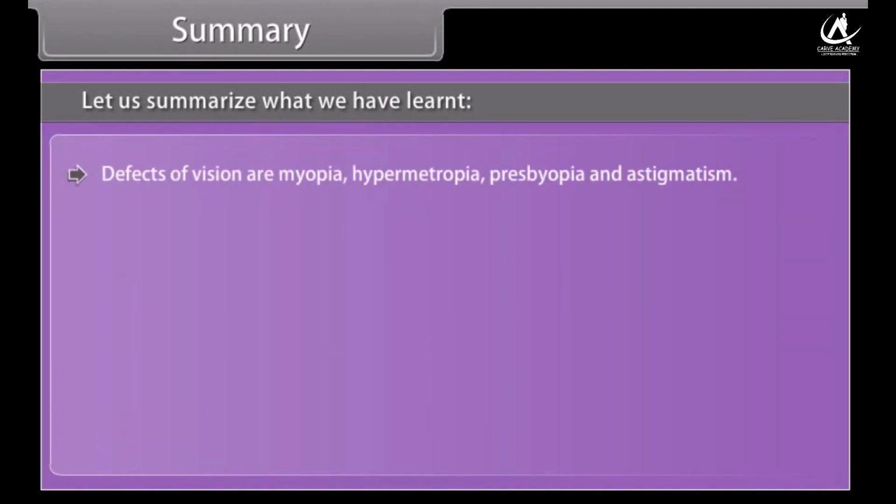Defects of vision are myopia, hypermetropia, presbyopia, and astigmatism. Magnifying power of a microscope, m is equal to D into (1 upon f plus 1 upon v).